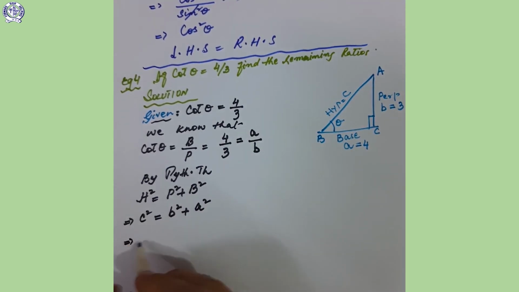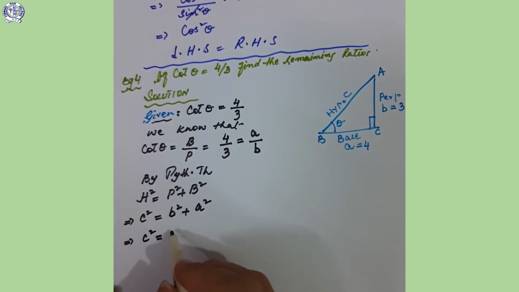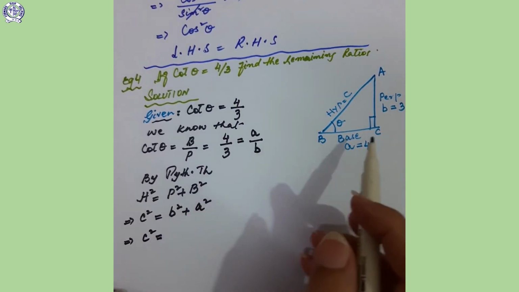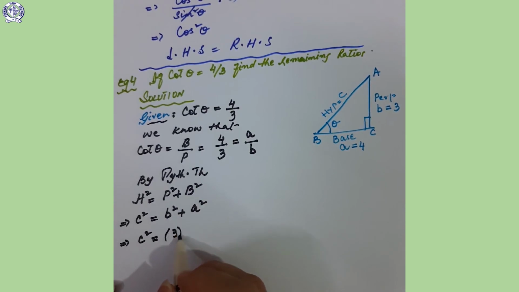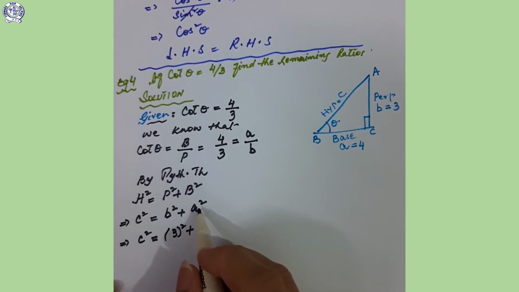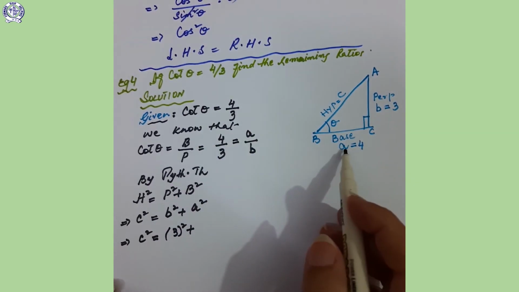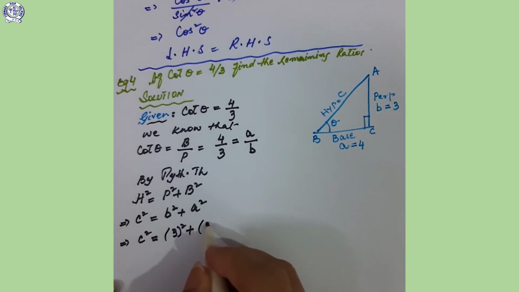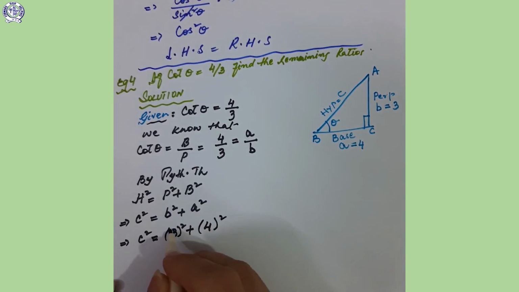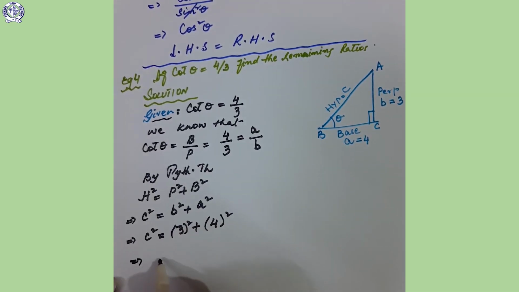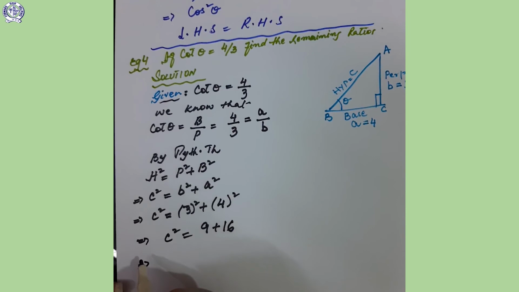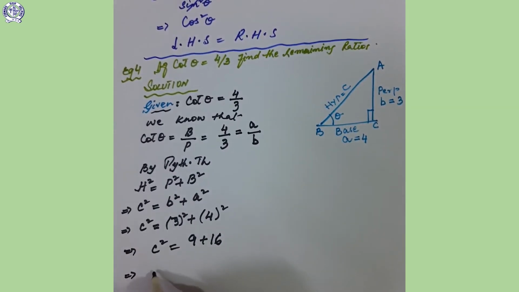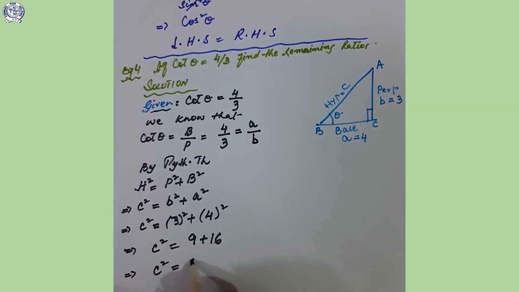Now put the values. C square equals B square, the value of B is 3, so 3 square, plus A, the value of A is 4, so 4 whole square. So C square equals 9 plus 16, C square equals 25.